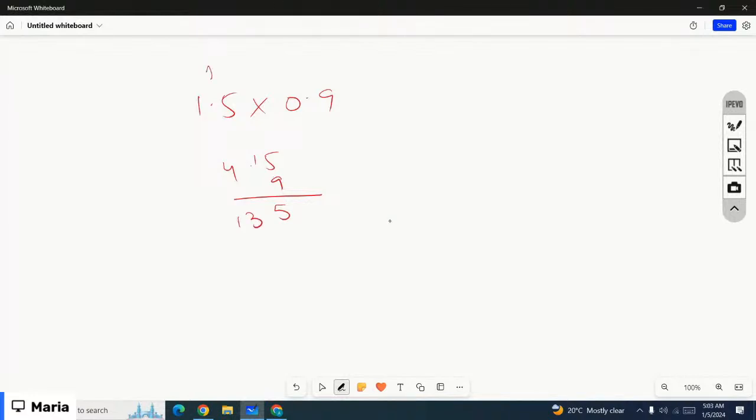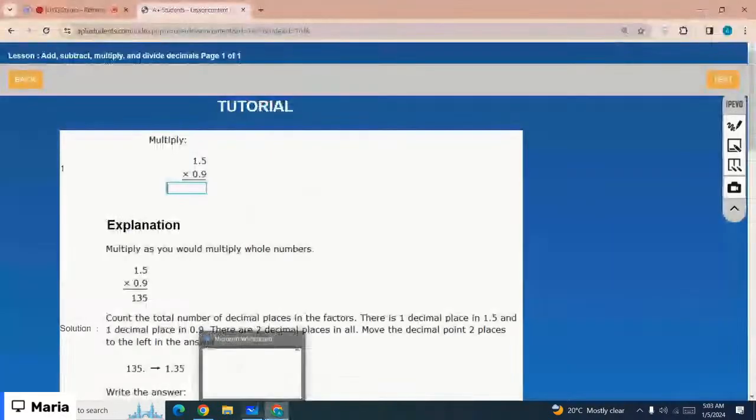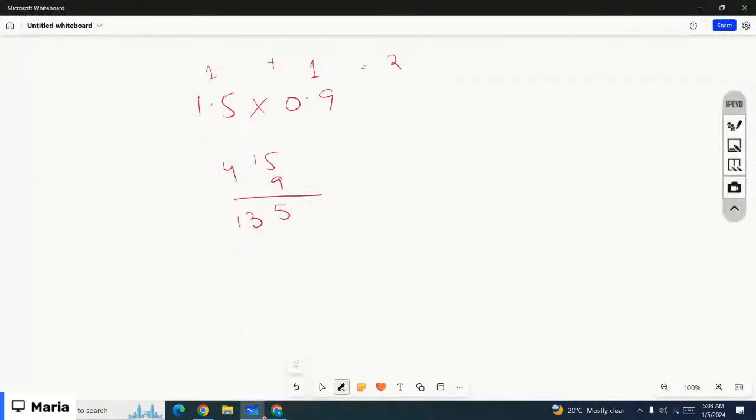Both the numbers have one decimal place, so the answer must have two decimal places, so that is 1.35.